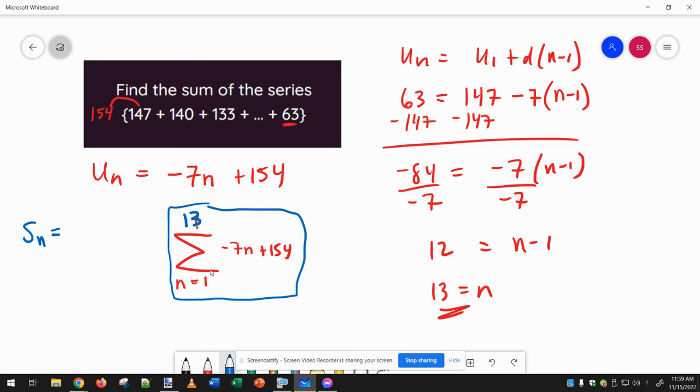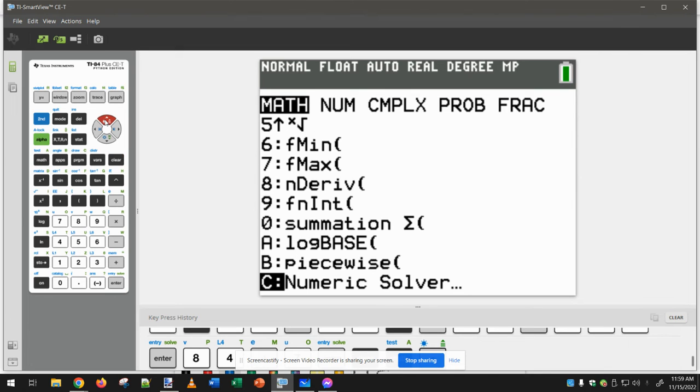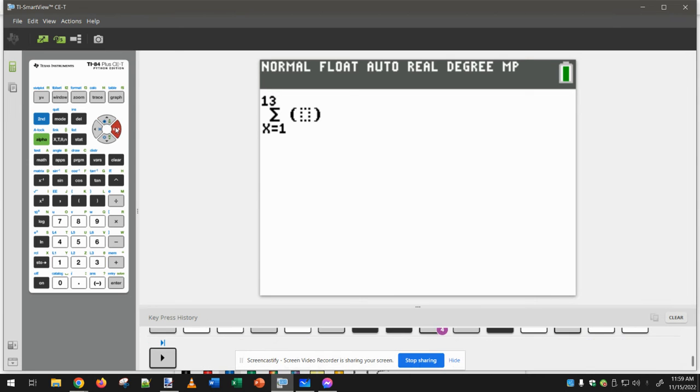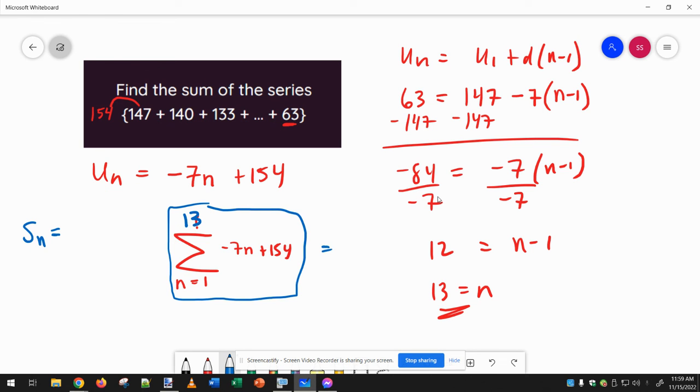Personally, at this point, now that I have set this up, I can just use math, use the summation, type in x equals 1 to 13, type in the formula I came up with, -7x plus 154, and it will do all that work for me, 1365.